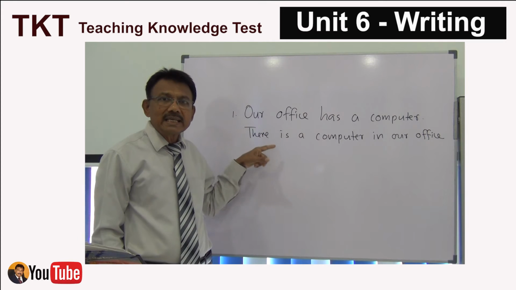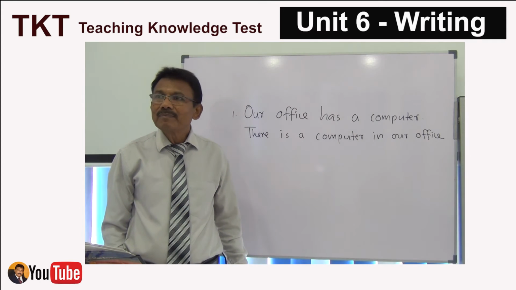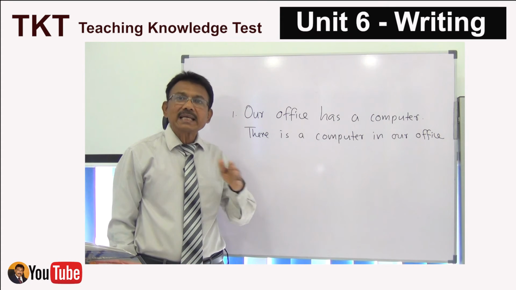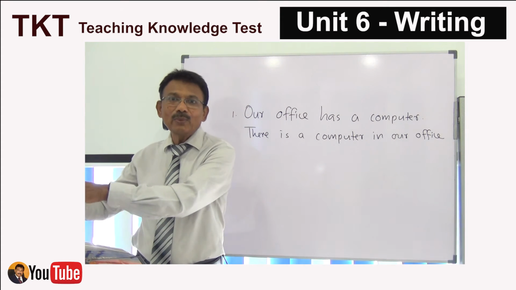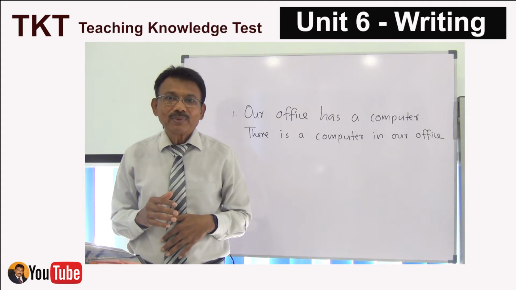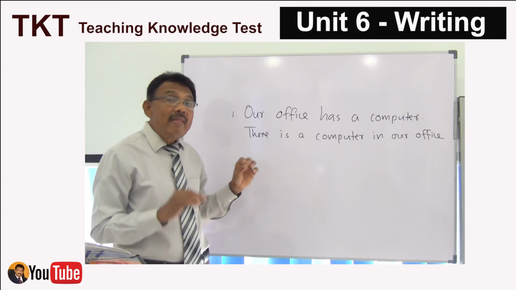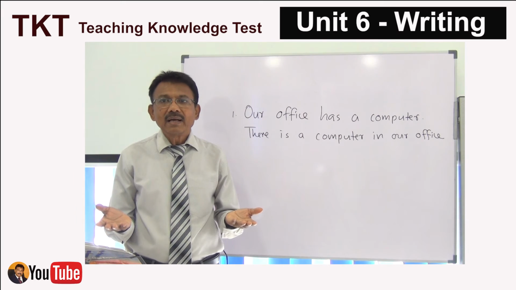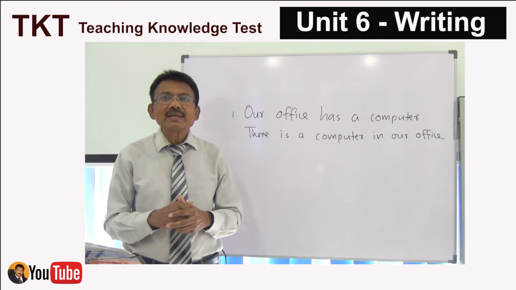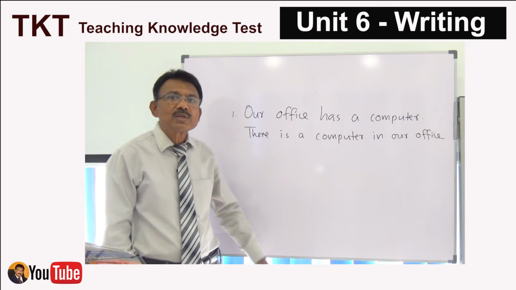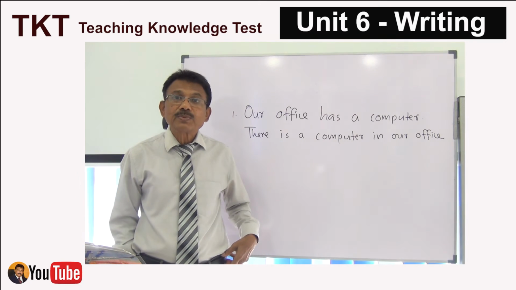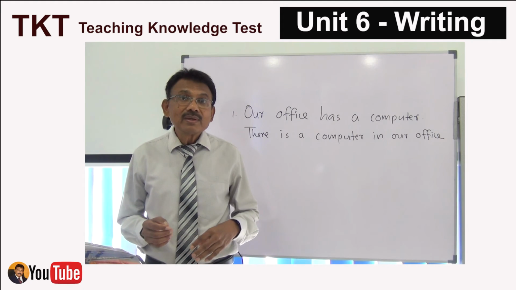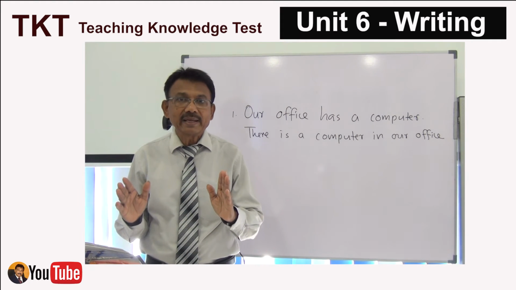Don't both the sentences give you the same meaning? Our office has a computer means you have a computer in your office on the table. This one, there is a computer in our office. Same thing. But two different sentences. So this is called transformation. We can transform active to passive, direct to indirect, right? So that is transformation. I hope you got the idea.